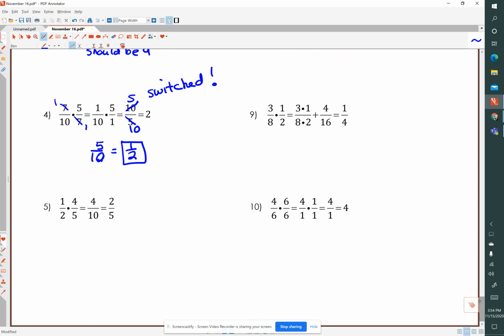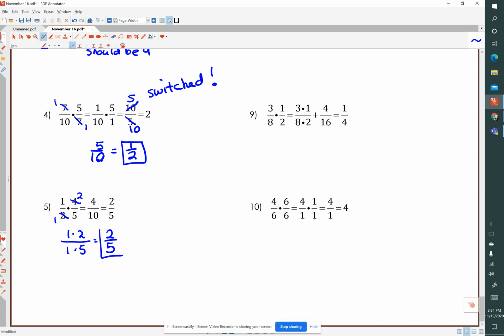And number 5, let's look at number 5. So 1/2 times 4/5, you can reduce. Well, if they didn't reduce, we could reduce this to 1 and this to 2, which would give us 1 times 2 over 1 times 5, which would give us 2/5.